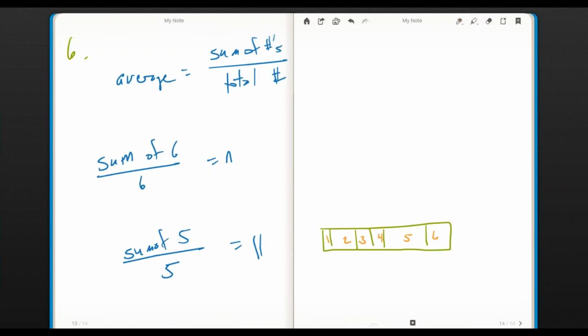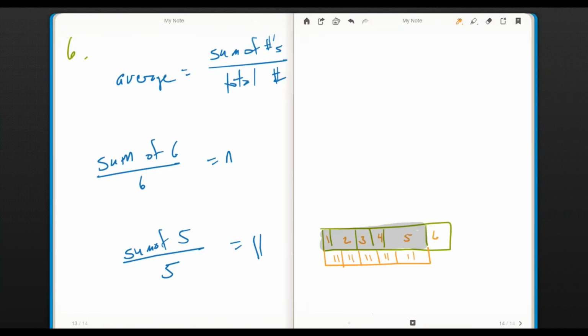These are 6 numbers. They're not all the same number, so my block is not evenly divided. If I take the first 5 numbers and I add them together and I divide it by 5, the average turns out to be 11. So these are all 11.